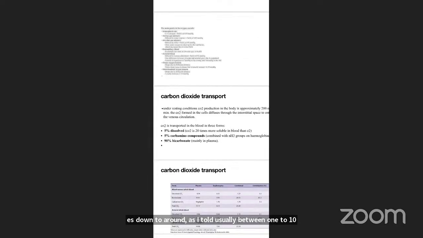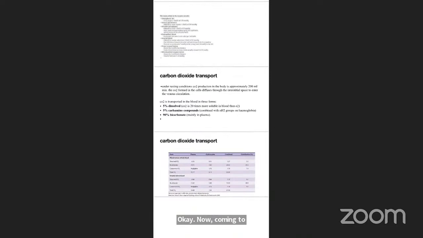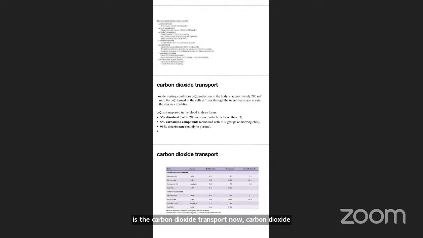Now coming to the second part of the topic, that is carbon dioxide transport. Under resting conditions, carbon dioxide production in the body is approximately 200 ml per minute, and the carbon dioxide formed in the cells diffuses through the interstitial space to enter the venous circulation.